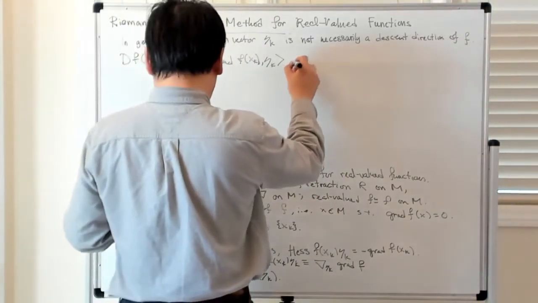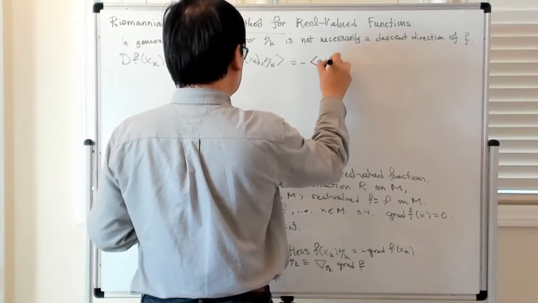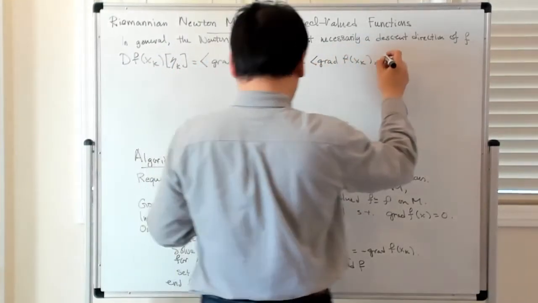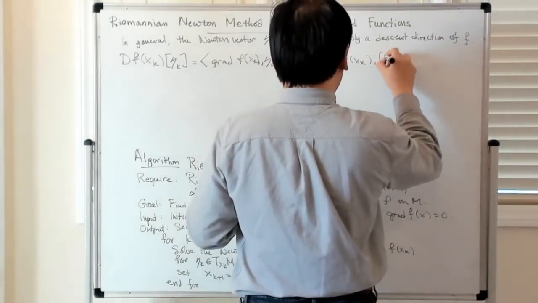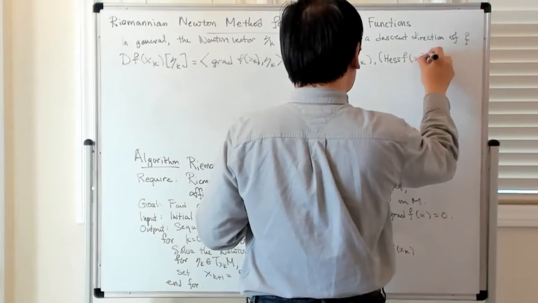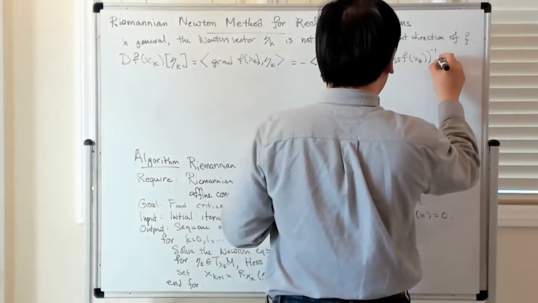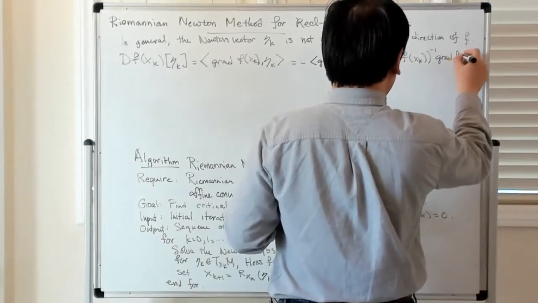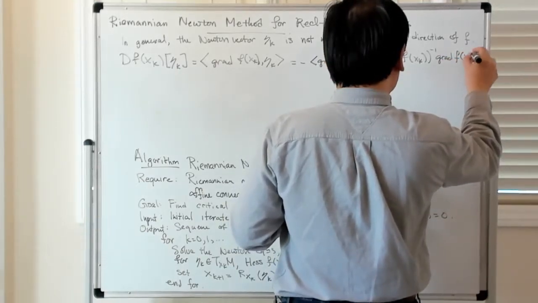So this is equal to minus grad f at xk paired with the inverse Hessian applied to grad of fk, right?